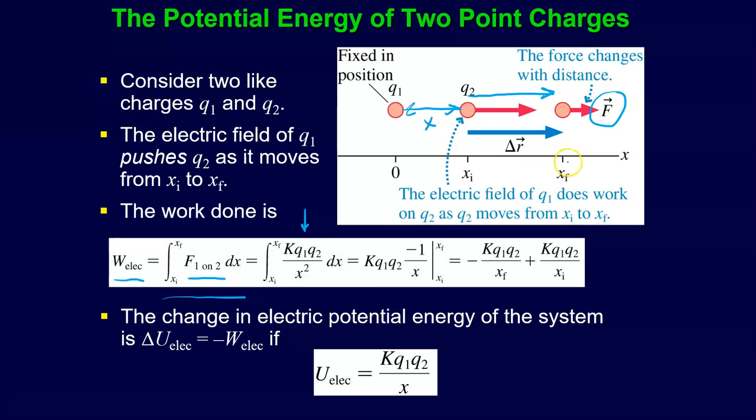But you could have called that direction r if you really wanted to. And so this works out to be not that bad of an integral, right? The integral of 1 over x squared. The antiderivative is negative 1 over x. And then evaluated at the endpoints. And so we're looking at the work done from going from x initial to x final. And so when I plug in for that, I get this situation here.